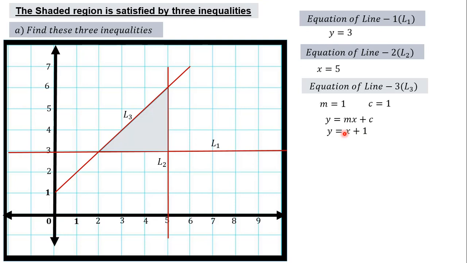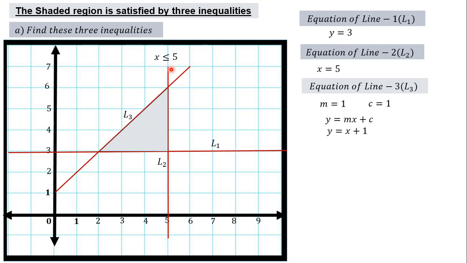Now, students, as we have to come up with the inequalities for this shaded region, just consider your line L2 and the x coordinate of it is 5. Now, if we consider the region that is on the left side of it, we have to put the inequality x is less than or equal to 5.